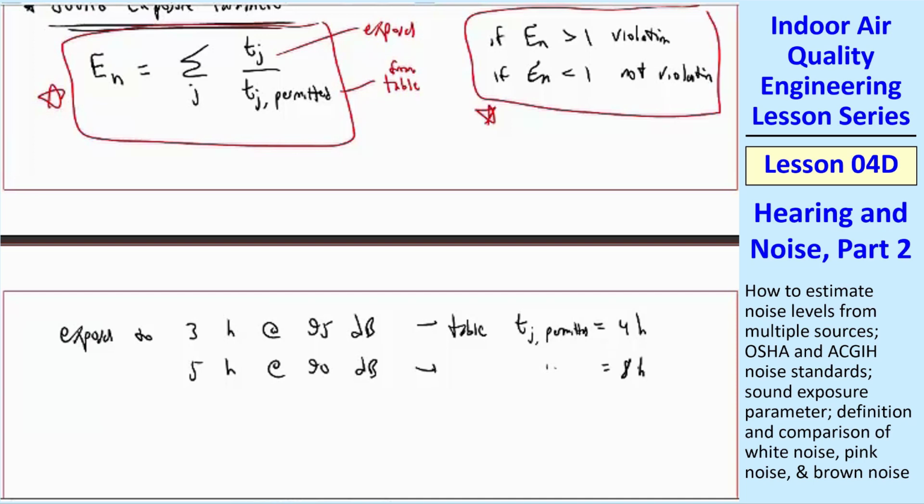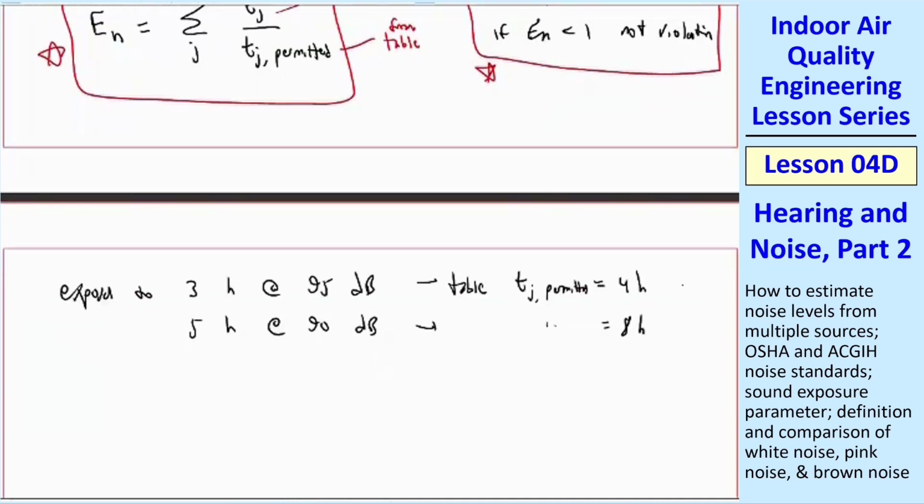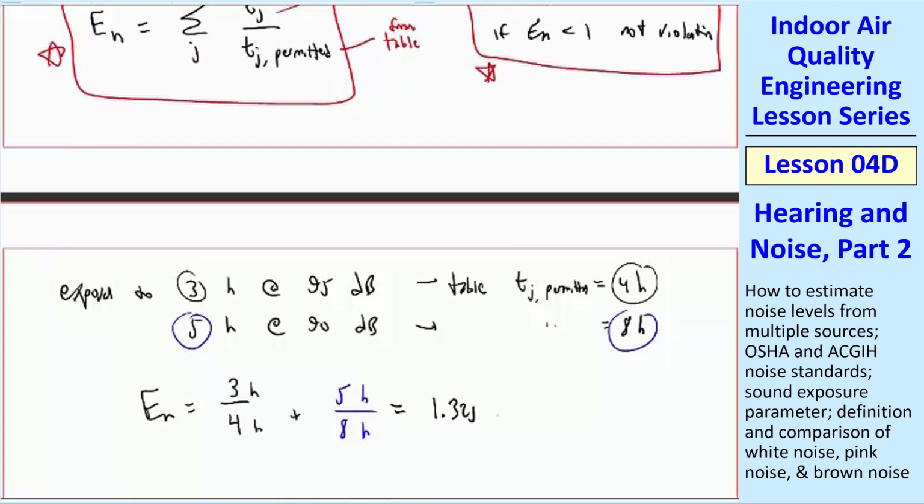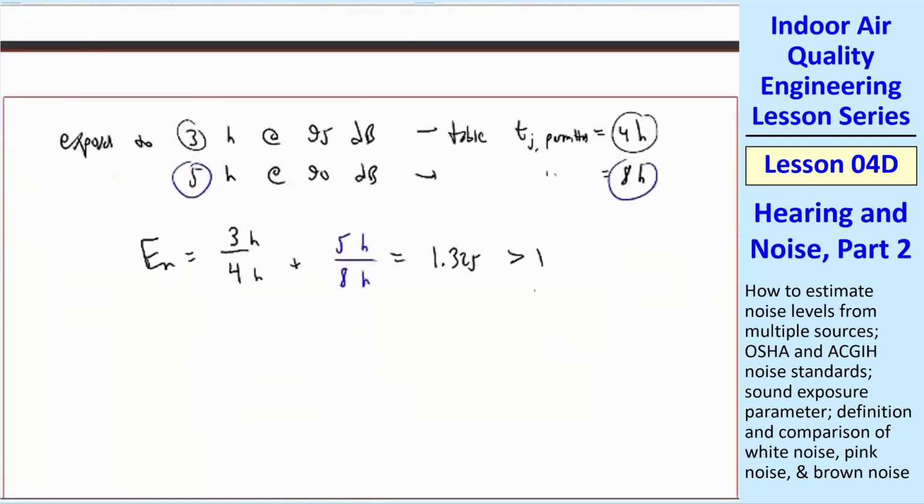It's 5 dB difference, so it's multiplied by a factor of 2. And so using our formula, En is 3, the actual time, over 4, the permitted time, these are both hours, plus 5 hours over 8 hours. The hours all cancel, of course, and we end up with 1.325, which is greater than 1. So we would say this is a violation.